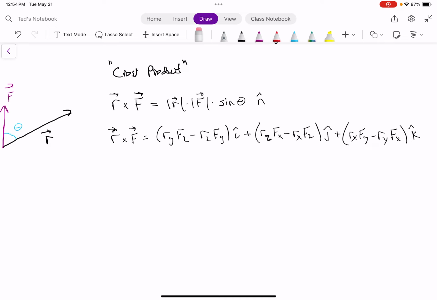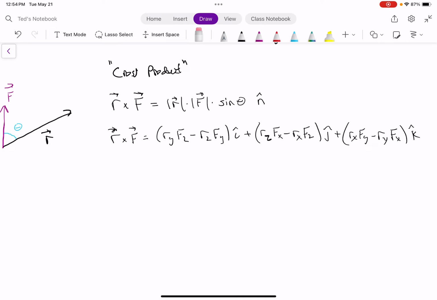If I think of i hat as x, j hat as y, and k hat as z, in the x direction, we've got y and z: r y, f z, r z and f y. In the y direction, we've got x and z. And in the k direction, we've got x and y.